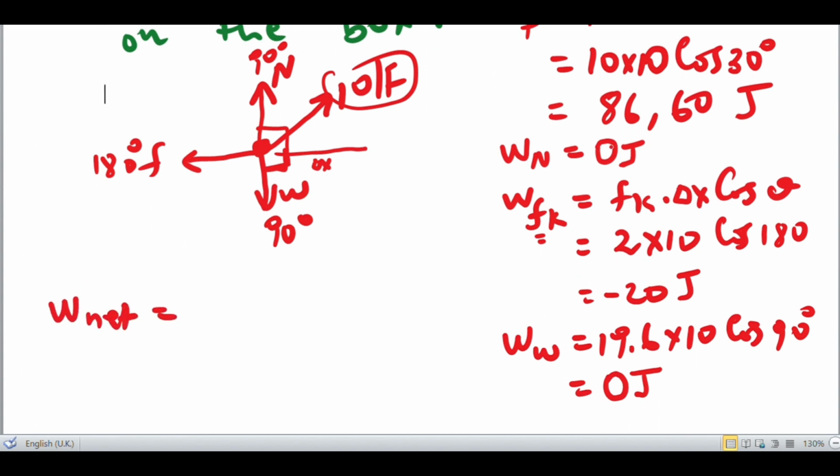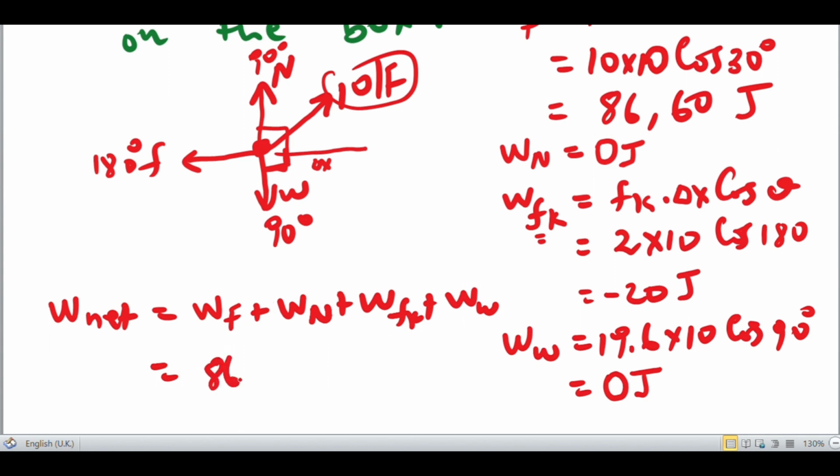So the net work will be equal to work done by force applied plus work done by normal force plus work done by frictional force plus work done by the weight. So the work done by force applied is 86,60, plus work done by normal force is 0, plus work done by frictional force is negative 20, plus work done by weight is equal to 0.